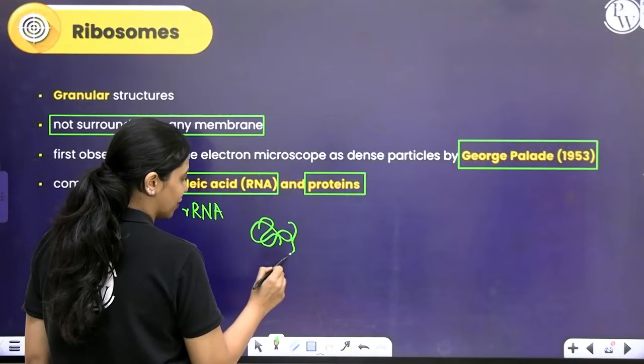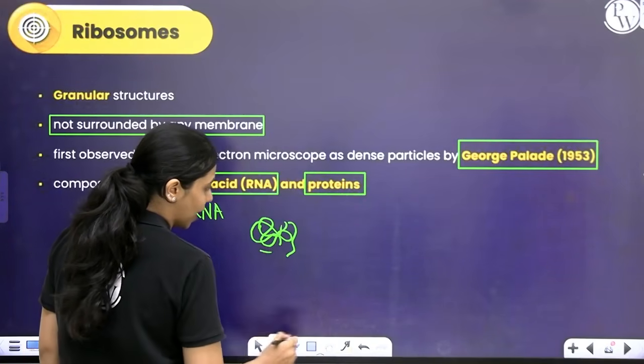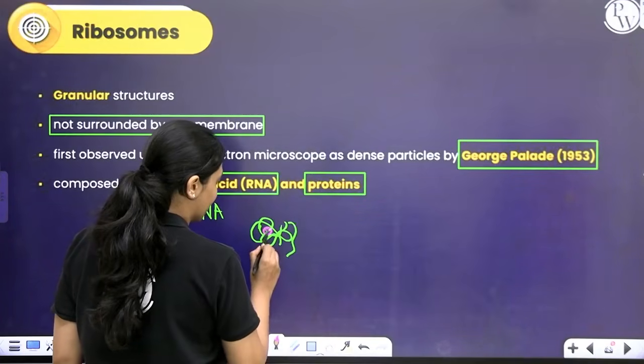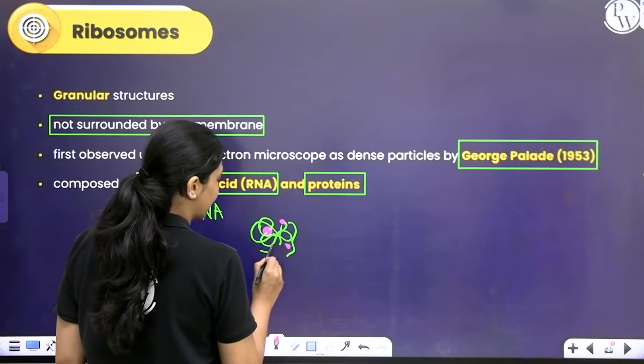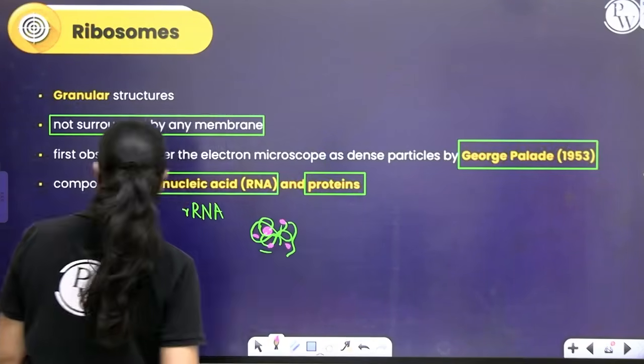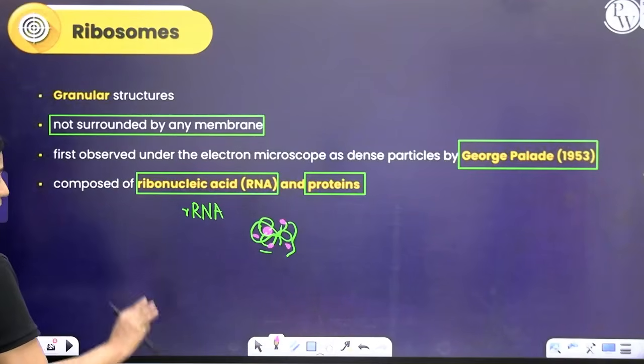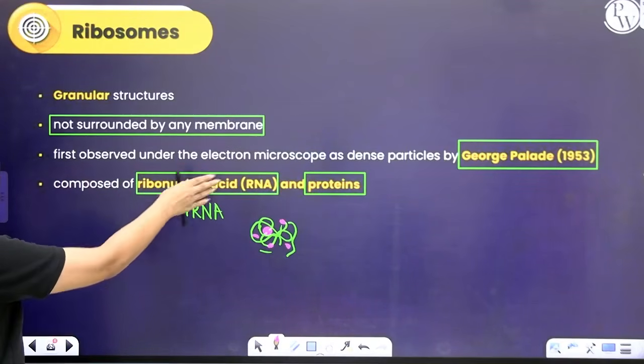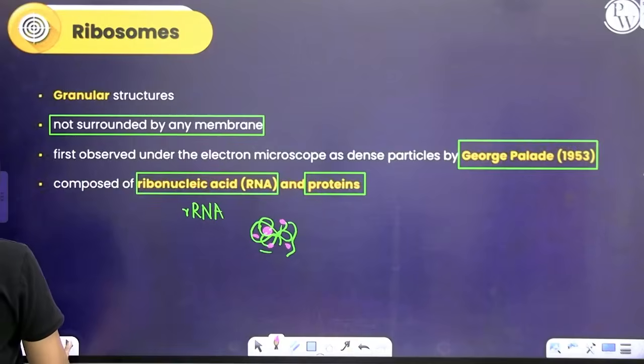So you will have some types of RNA. Along with that, there will be some proteins associated. This is one subunit. Like that, there will be another subunit. So you have the two subunits of a ribosome made up of just ribosomal RNA, a type of RNA, and proteins.